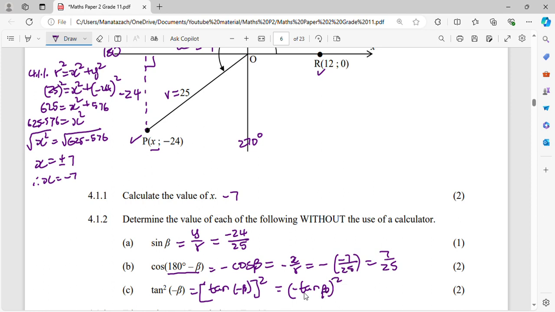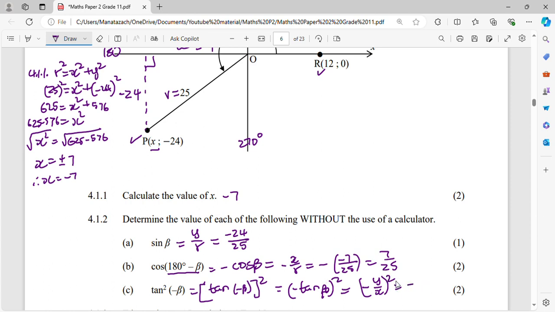And then minus tan beta, we know that it's equal to, sorry, I made a mistake here. Let's just fix that one. Remove this y. Then we'll have equal to minus y over x, all squared.